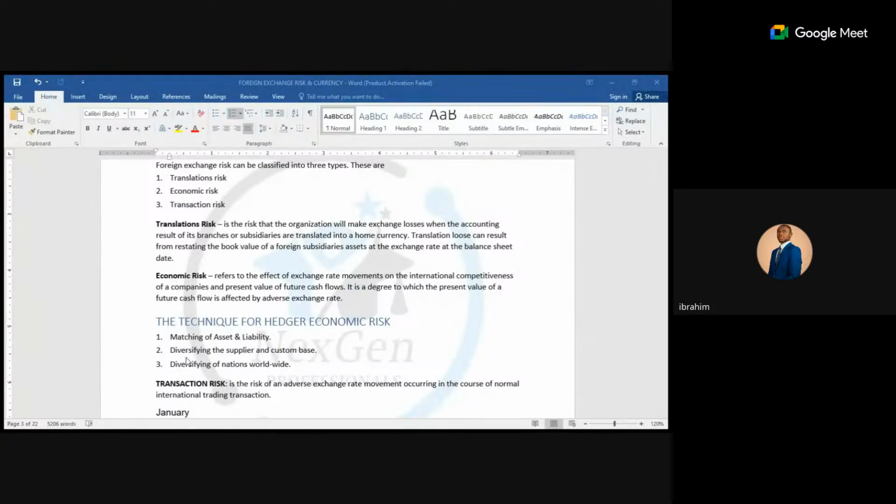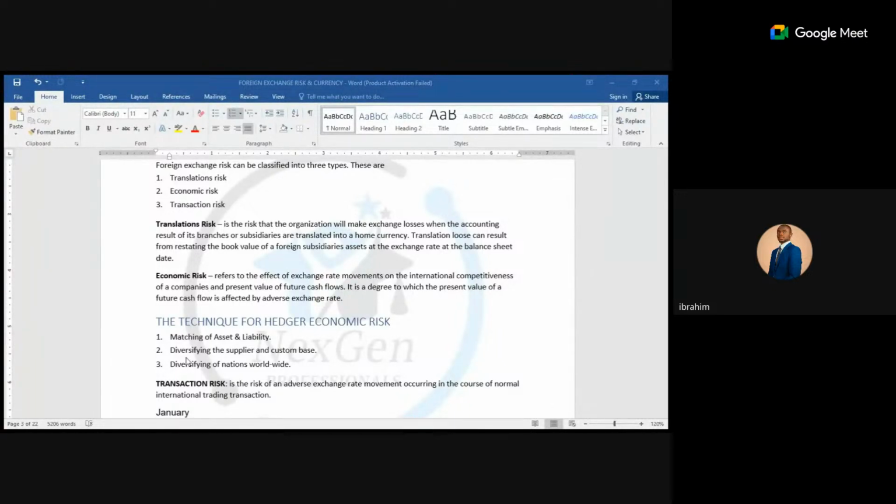In fact, even the multinational companies may have hedgers or speculators. If you look at Cadbury, I think last year they declared a loss.